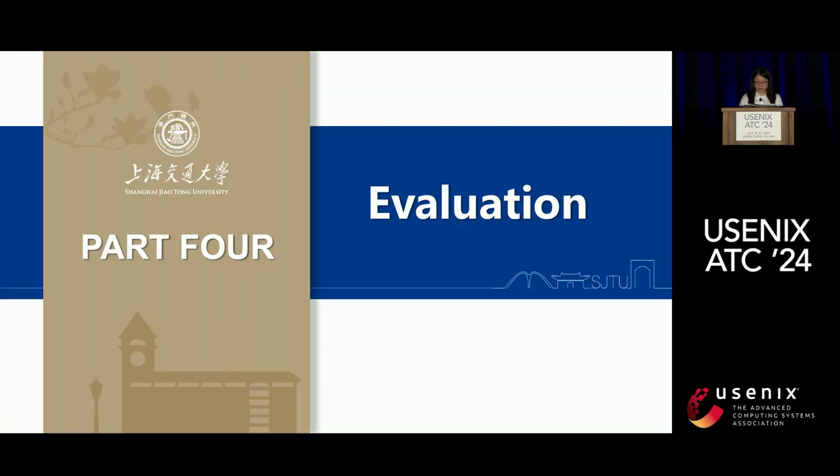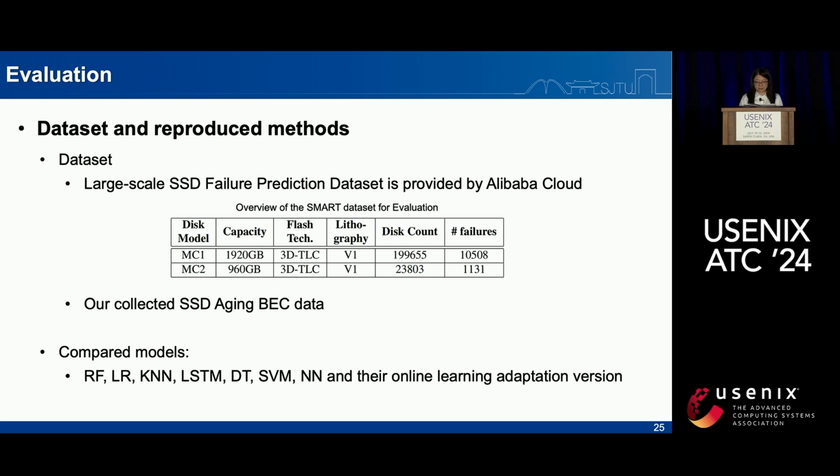To prove the effectiveness of our work, we conduct several experiments for prediction performance evaluation. The dataset and compared models are shown in this figure. The dataset we used is already mentioned before. This is open sourced on the Alibaba Tianchi database. The objects we analyze are 3D TLC SSDs.